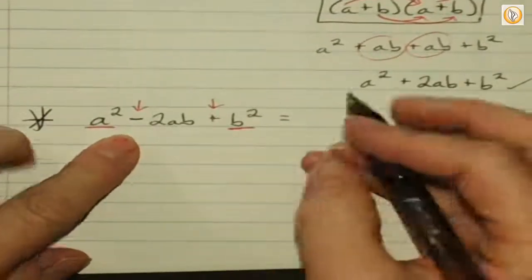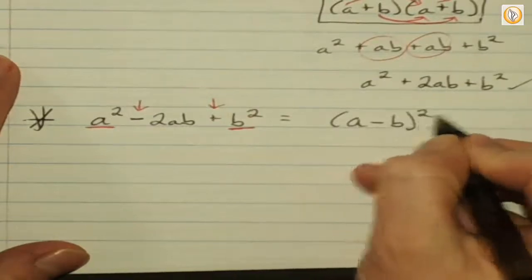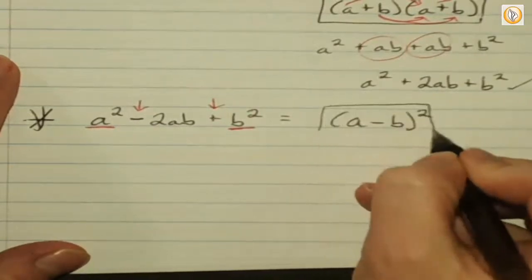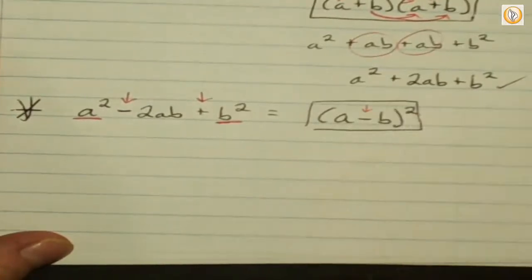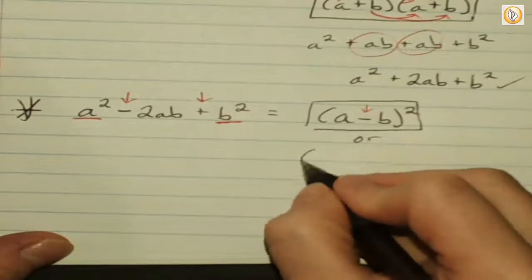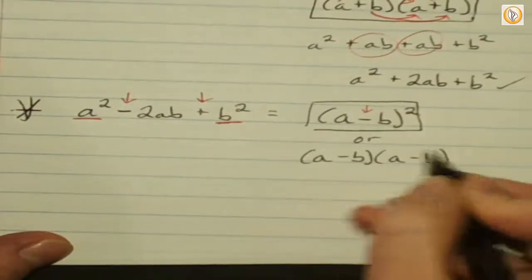Well, this time, if you have a negative and a plus, it's going to be written like this, with a minus in the middle, or a minus b times a minus b.